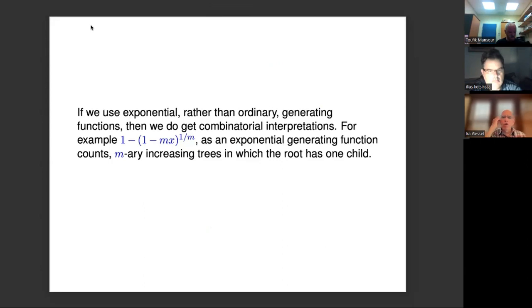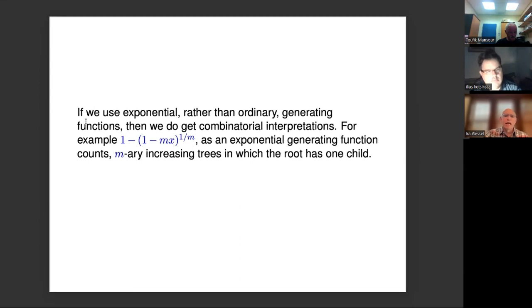Okay. Now, one thing about these generalized Catalan numbers, which sets them apart from the rational generating functions that I looked at earlier, is that if we look at exponential rather than ordinary generating functions, then we do get some simple interpretations.